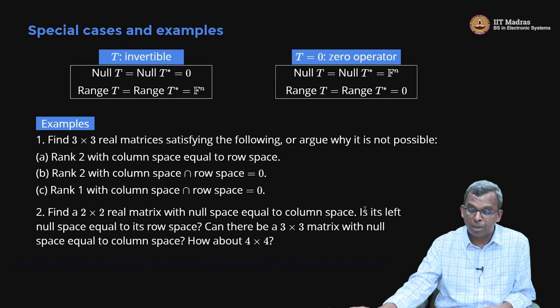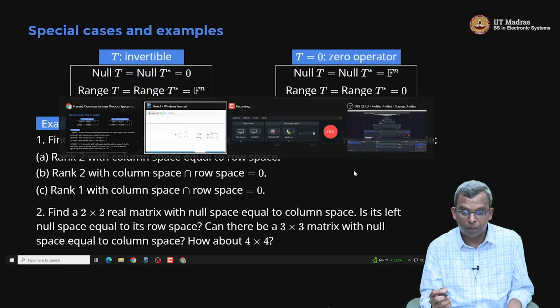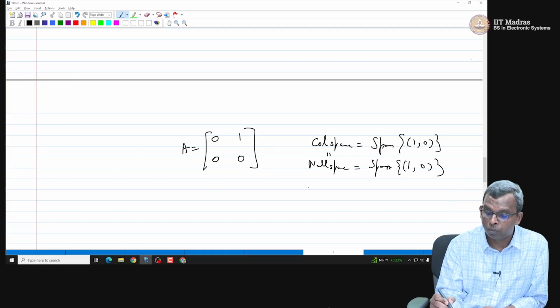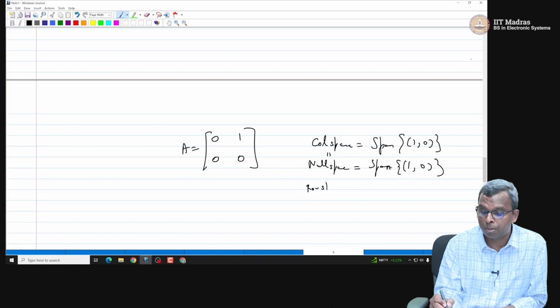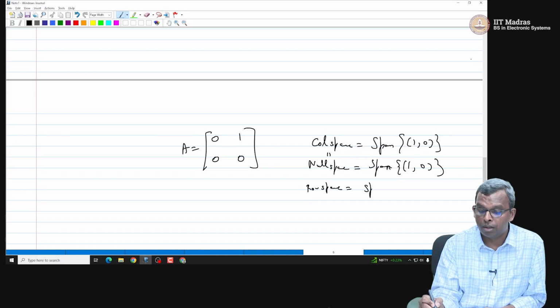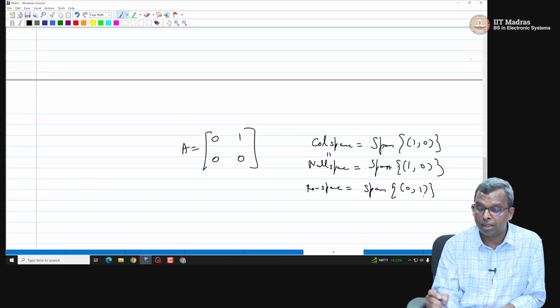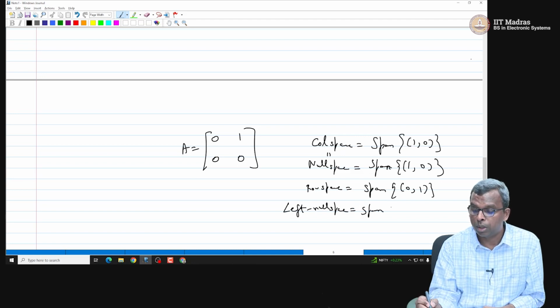The question being asked is: is its left null space equal to its row space? You can ask that question. For this example, you can easily find out. The row space is the span of (0, 1), isn't it? Now, what is its left null space? You multiply on the left side, and that again will be (0, 1), isn't it?